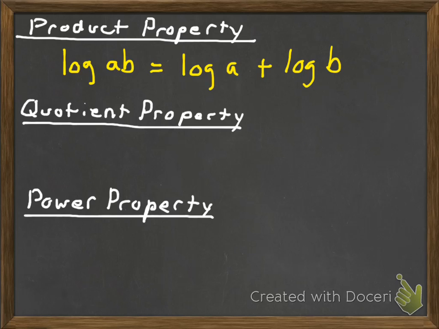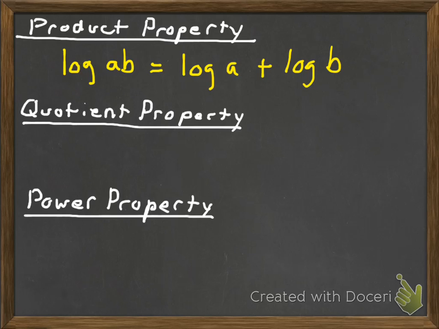Now this actually works two ways. You can separate the factors of the product to make two logarithms, or if you have the sum of two logarithms with the same base, these are both base 10, you can write that as a single logarithm if you just multiply the indexes of those two logarithms together.